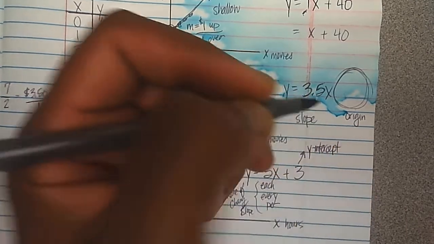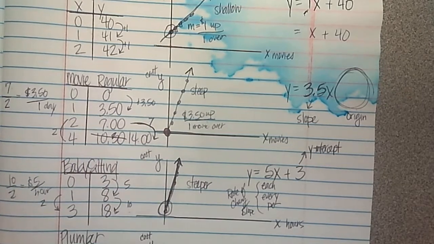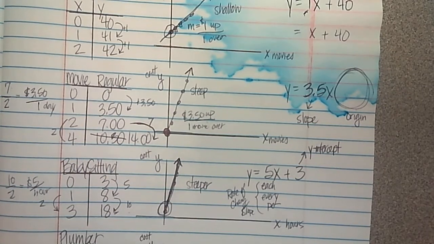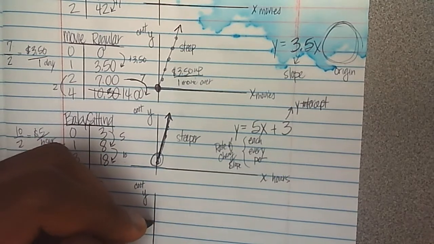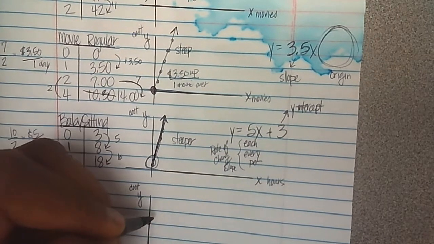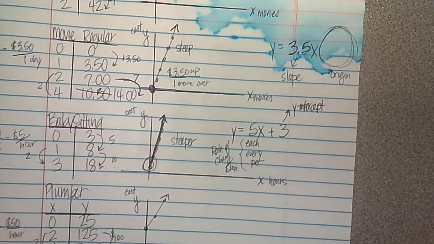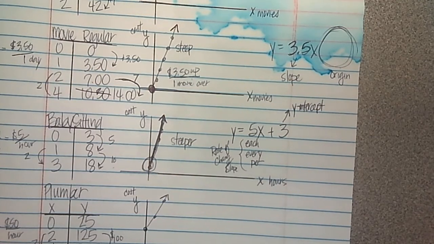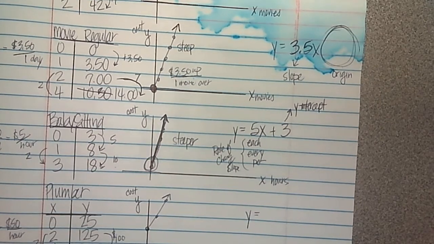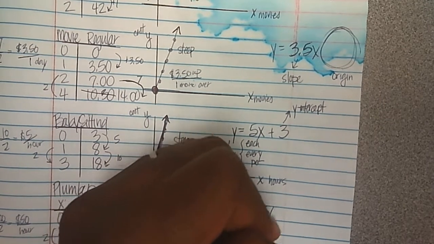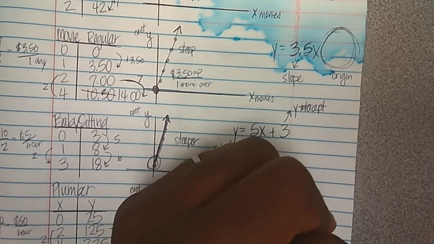And that intercept is important because that's where it crosses the y-axis. This one was like 25, 50. Y equaled, it went up 50 per hour plus the 25 starter fee.